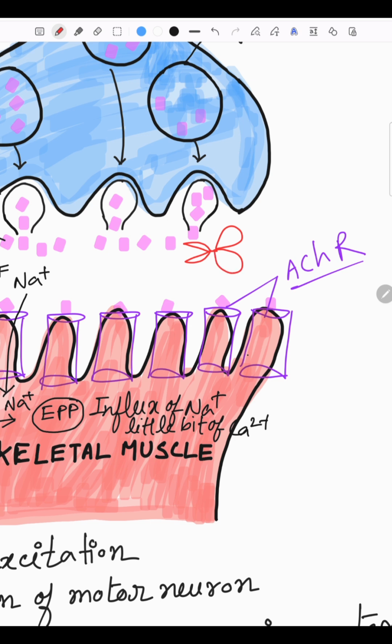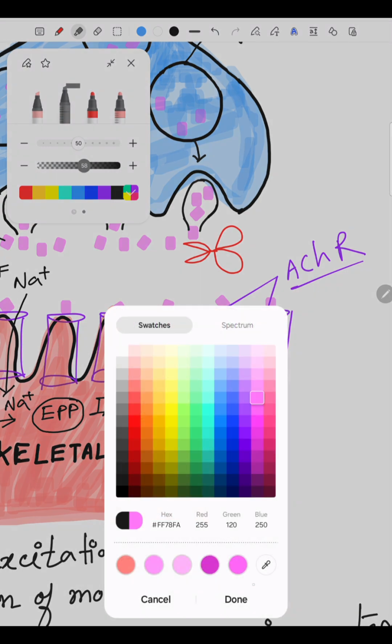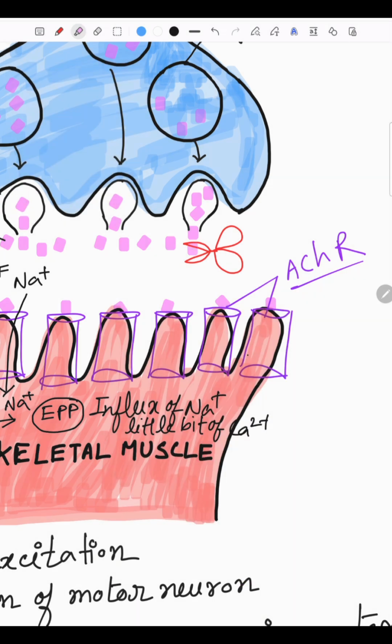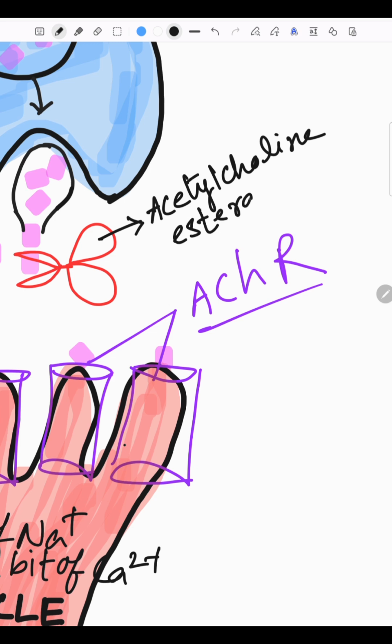This molecular scissor cuts this acetylcholine molecule, and it is known as acetylcholine esterase. It's an enzyme.